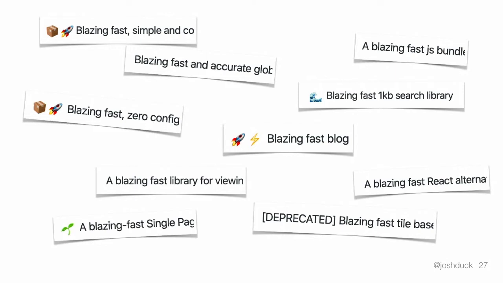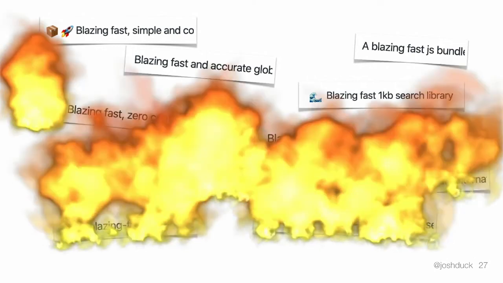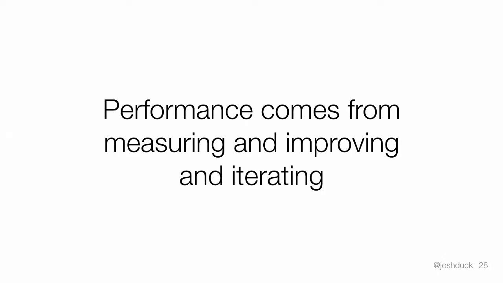I did actually remove the Gatsby tag from this slide, sorry, Max. So, just because a library is blazing fast in isolation doesn't mean that you can integrate it into your applications and it makes your application fast. Real performance is going to come from measuring and then improving and then measuring and improving and measuring and improving and just doing that again and again and again.